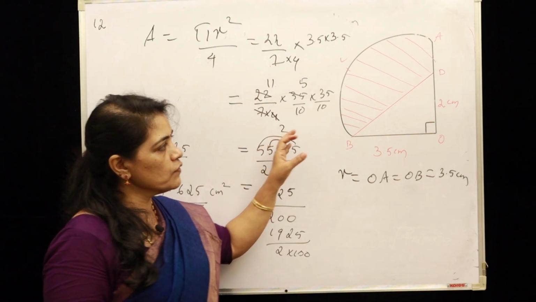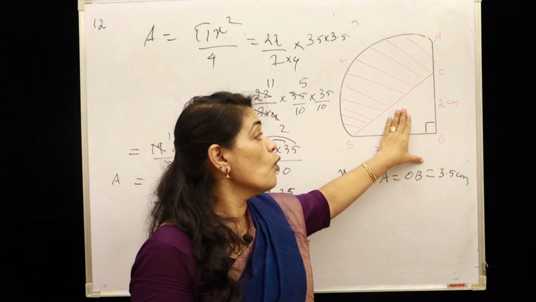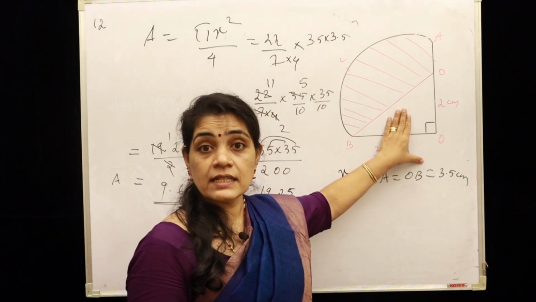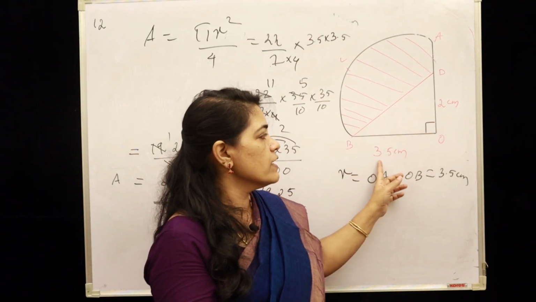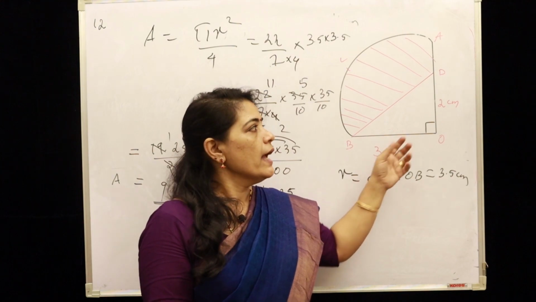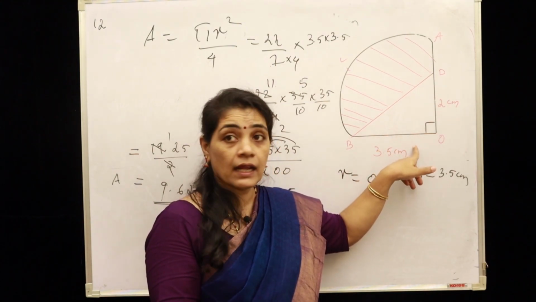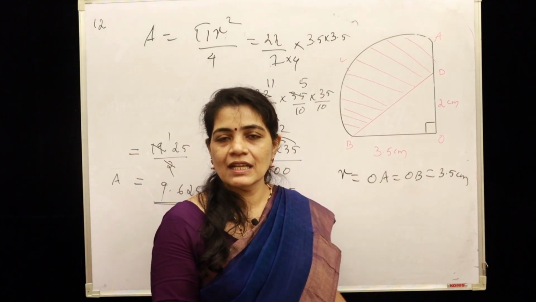In order to get the area of the shaded region, you have to subtract this right triangle BOD. Right triangle means you can definitely use half BH. Base is given as 3.5, you can take as the radius of the quadrant, that is OB, and the height, because we need the triangle, the perpendicular, that is OD, that is 2 centimeter, that is given.